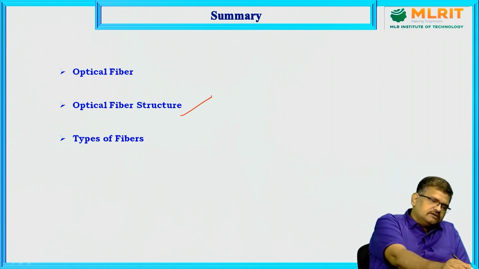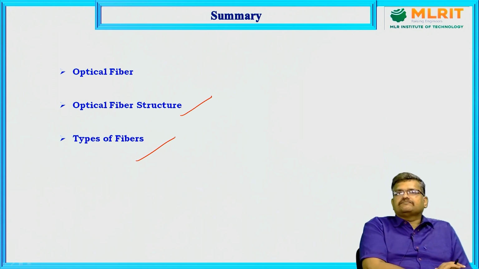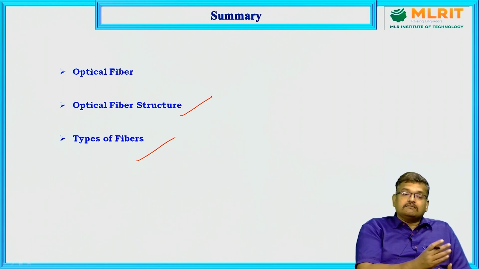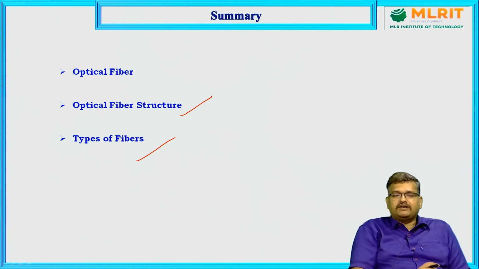Another topic was the types of fiber: based on material, based on number of modes, and based on the refractive index profile. Based on the material we have glass and plastic. Based on the number of modes we have single mode and multi-mode fibers, and based on the refractive index profile we have step index and graded index. Thank you.